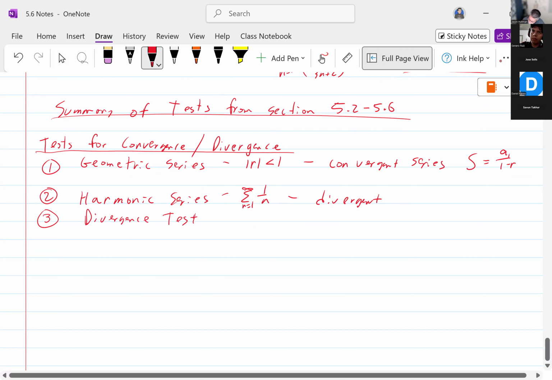Okay, so the integral test says, if the integral from 1 to infinity of f of x dx is convergent, and f of n equals a sub n, then the summation of a sub n is also convergent.